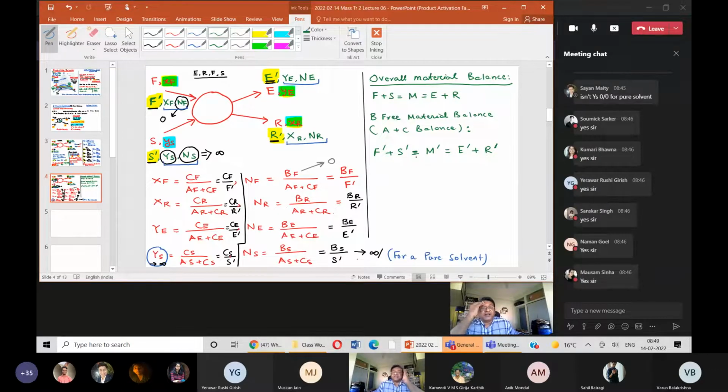Now, everybody understands what is F dash? Let me just write down somewhere maybe for your convenience. So F dash is equal to C in F plus A in F. Similarly, S dash is equal to C in S plus A in S, and so on, right? So S dash is equal to 0.